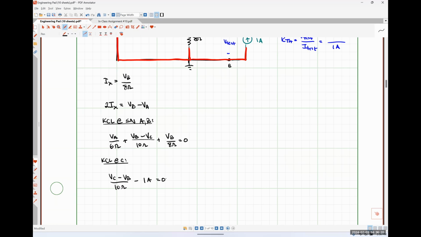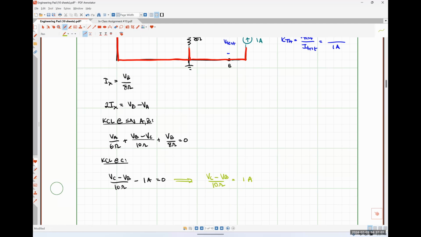So I have 4 equations and 4 unknowns, and I'm trying to decide what substitution allows me to be the absolute laziest, because that's how I prefer to do these things. So, for instance, if I rearrange this guy right here, I could say that VC minus VB over 10 ohms is equal to 1 amp.